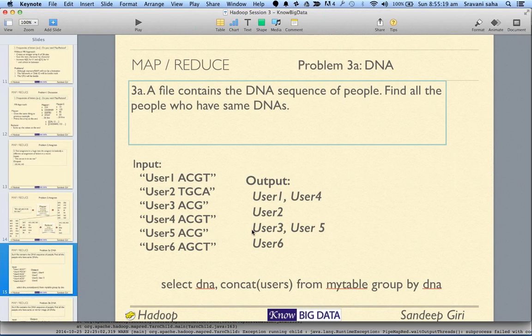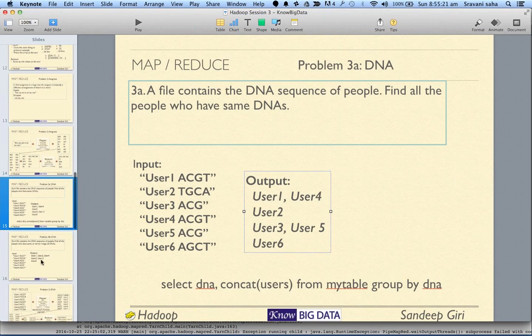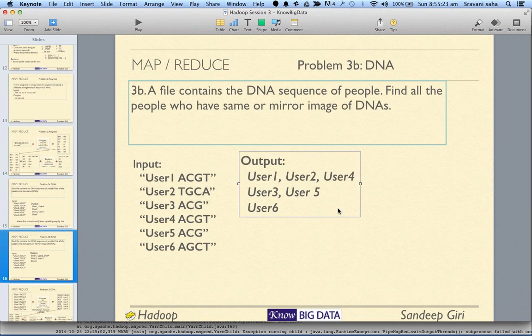Now let me just take it to another level. Okay. Now the next point. You figured out, now you have to group all those people together whose DNAs are either identical or exactly reverse of each other, right? So user 1, user 2, user 4, they all have either identical or exactly reverse.